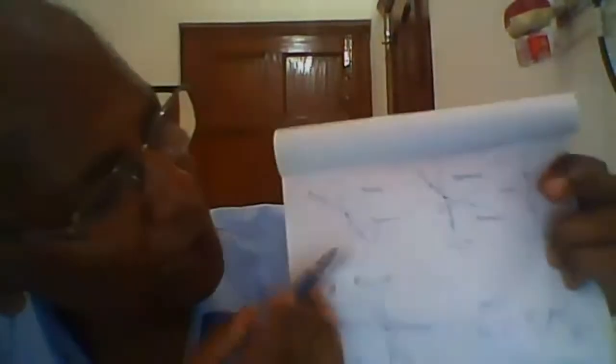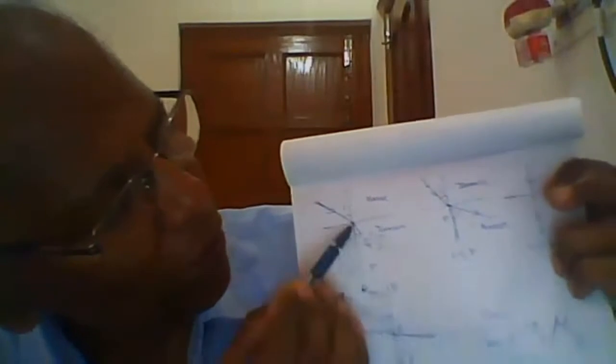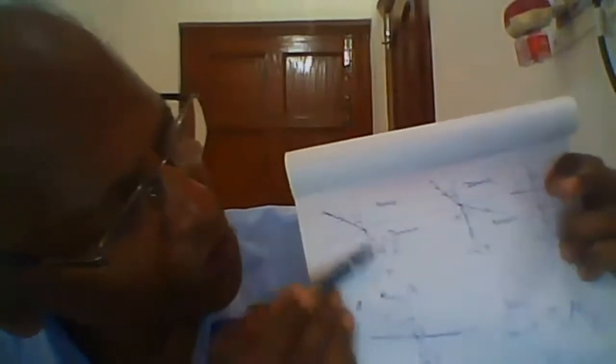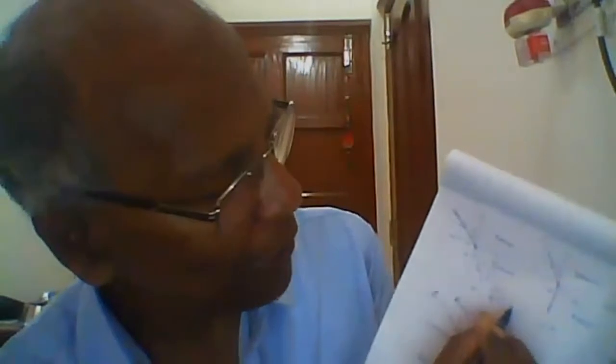So delta is the deviation, and this angle will give you the angle of deviation. Obviously in this diagram, delta is equal to I minus R.